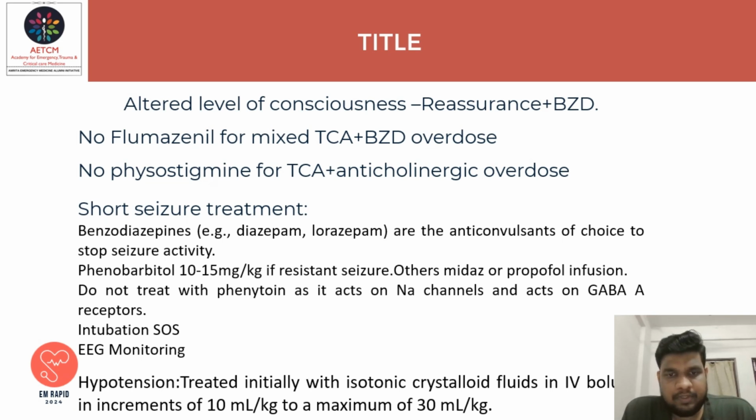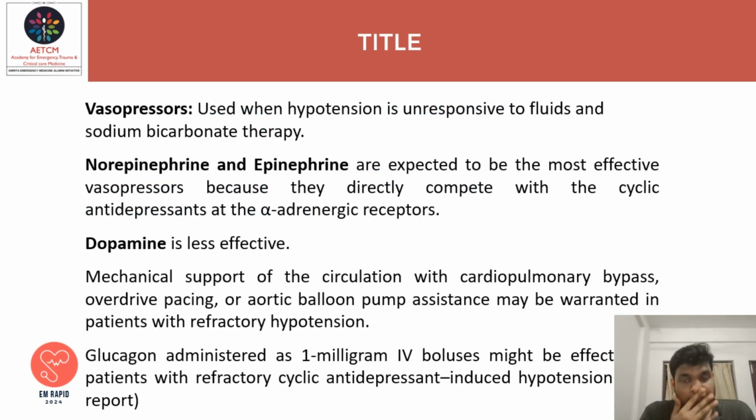Hypotension we can treat initially with isotonic crystalloid fluid IV boluses in increments of 10 ml per kg to a maximum of 30 ml per kg. We can also use vasopressors when hypotension is unresponsive to fluids and sodium bicarbonate therapy. Norepinephrine and epinephrine are expected to be the most effective vasopressors because they directly compete with the cyclic antidepressant at the alpha-adrenergic receptors.